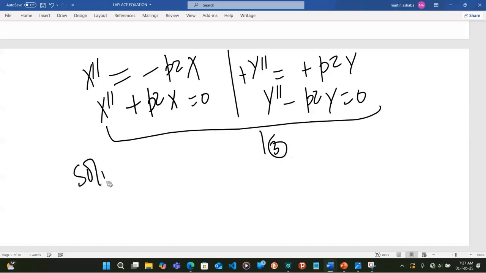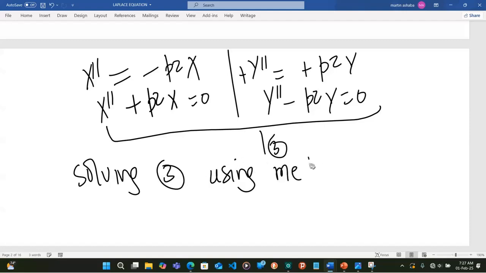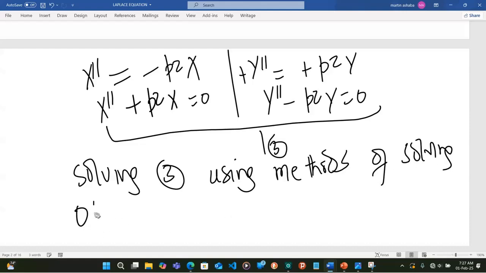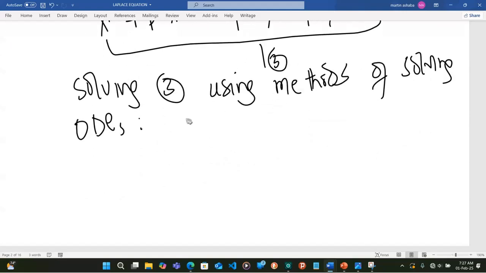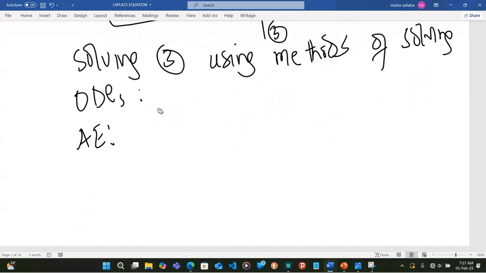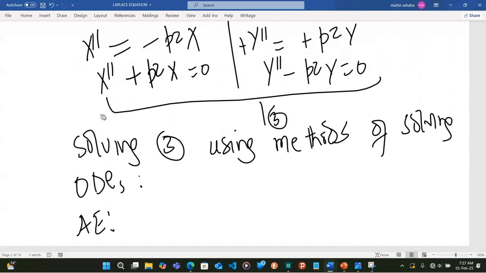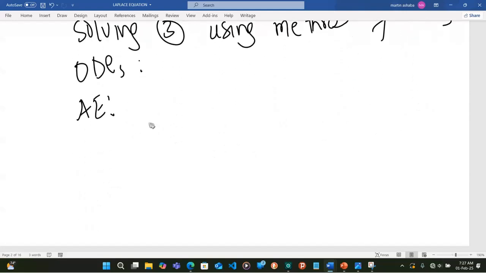So solving 3 using methods of solving ordinary differential equations, you'll find that if we now use the D operator, we are going to create the auxiliary equation, which for the case of X is going to be plus p squared X, so we'll form m squared plus p squared is equal to 0, which would give us m is equal to plus or minus jp.